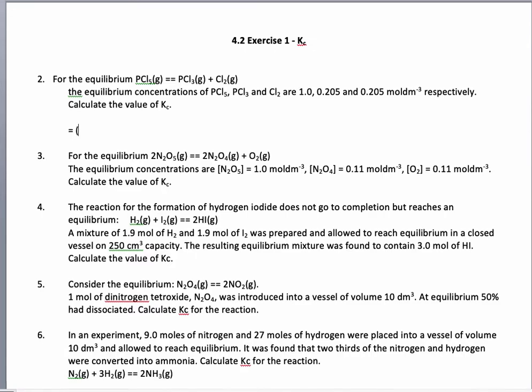So I have my value of 0.205 times by my value for Cl2, which is also 0.205, and all of that is over the concentration of PCl5, which is 1. And then I would do that sum, find the calculation of Kc. Remember, if you have coefficients, they become powers, so be careful to include those. So that's quite straightforward.